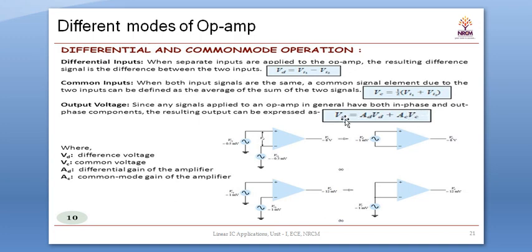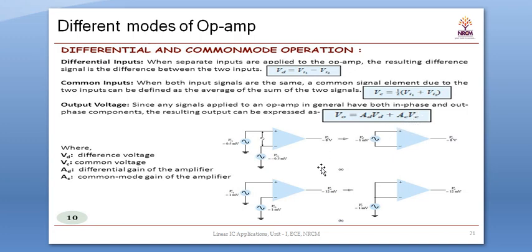So the output voltage is practically AD VD plus AC VC. Ideally this AC VC term should be 0, and then your amplifier is acting as a perfect differential amplifier, but practically it is not going to become 0; it has some value.